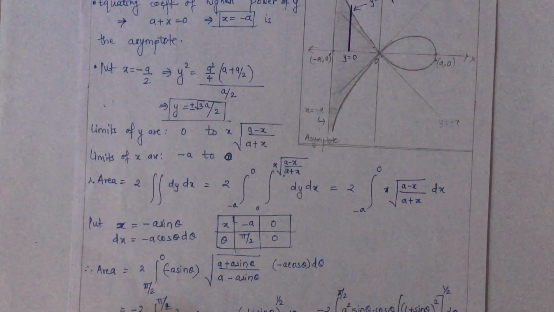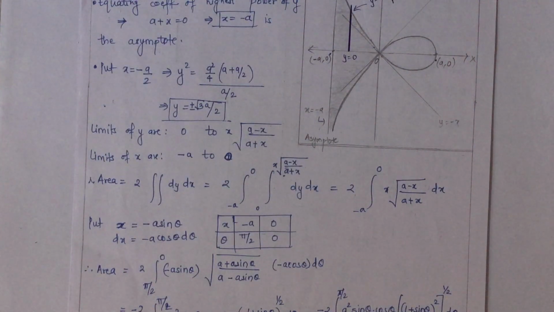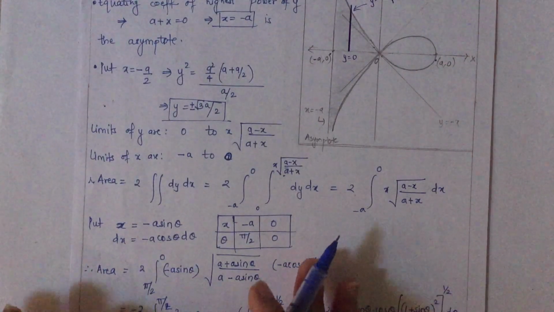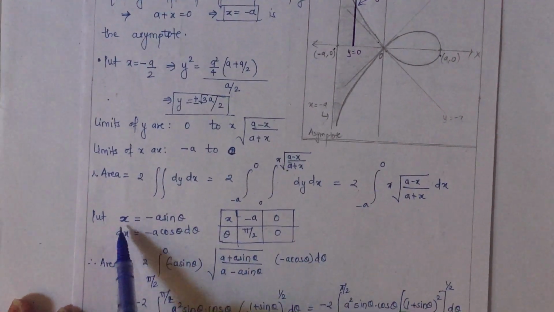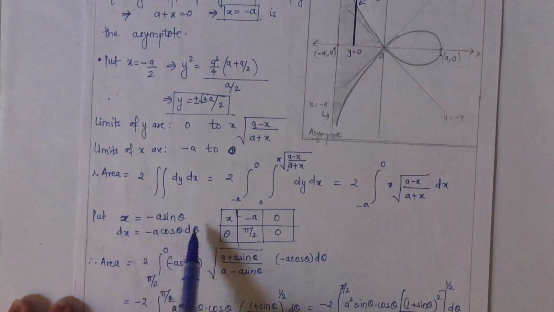Okay. Now here we do such a type of substitution so that it is easier to evaluate. We prefer substituting polar coordinates, or converting into polar form. So what I do, I purposely make the substitution x as minus a sin theta.